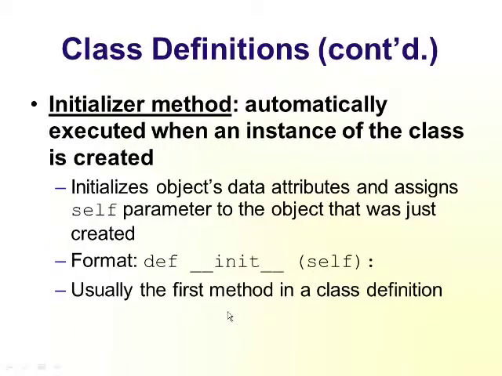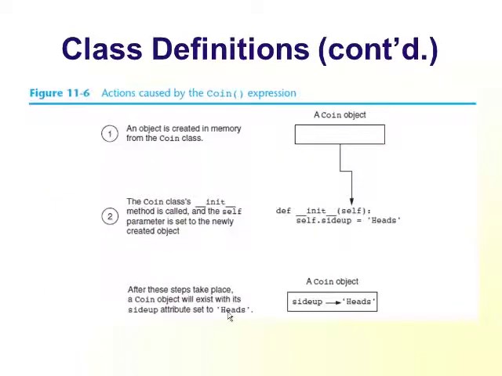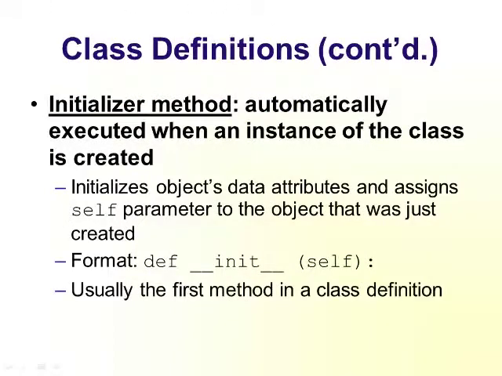So we'll talk about these, and we'll talk about the init method. The init is actually a constructor which initializes an object of the class, and it assigns to it the self parameter. And we'll discuss all of these in the next video.